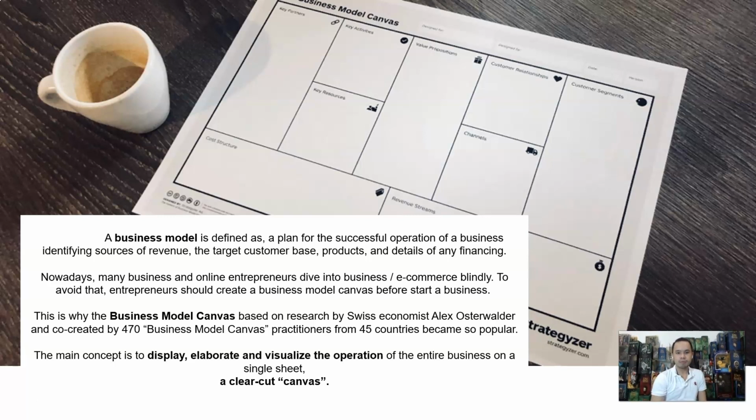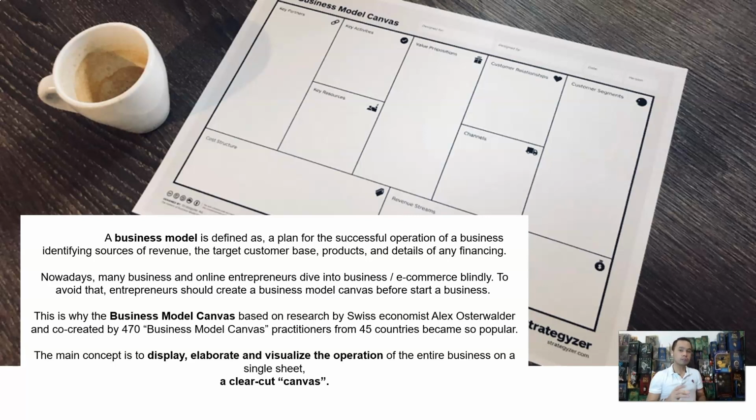Dan business model canvas ini, kalau anda baca di sini, it's based on a Swiss economist, okay, Alex Osterwalder, dan juga bekerja sama dengan 470 orang lagi practitioner daripada luar negara-negara yang berbeza lah, dan mereka lahirlah satu benda yang dipanggil BMC, Business Model Canvas.